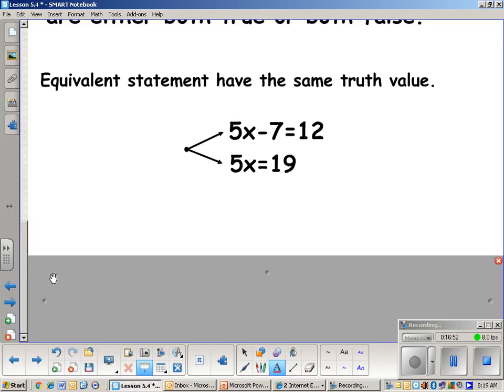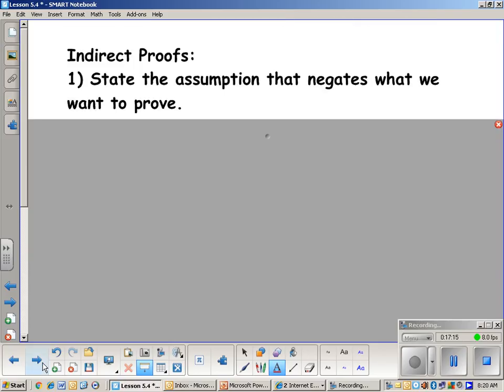I use the example of the equations because that's something you already have seen many times, and you've been talked to about how they're equivalent, because we added 7 to both sides, so we get an equivalent statement. Okay? Any questions on that? Equivalent statements have the same truth value.